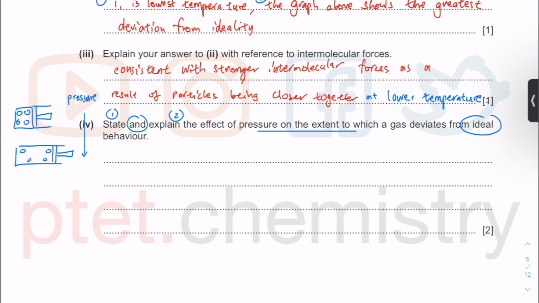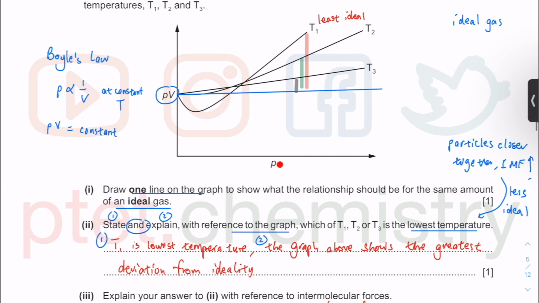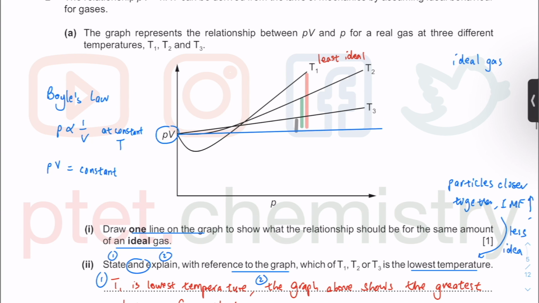So when the pressure decreases, the volume occupied by the gas, which is the volume of the container, would actually increase. And that is basically Boyle's law, which is applicable at constant temperature. So we could imagine, using the graph, as the pressure increases, we can see that these are for a real gas at 3 different temperatures.